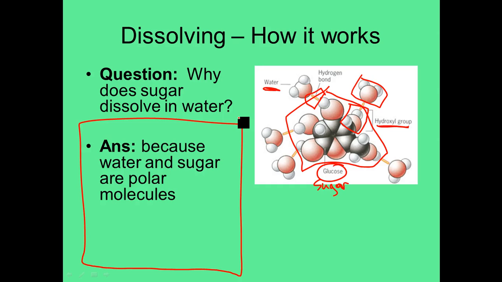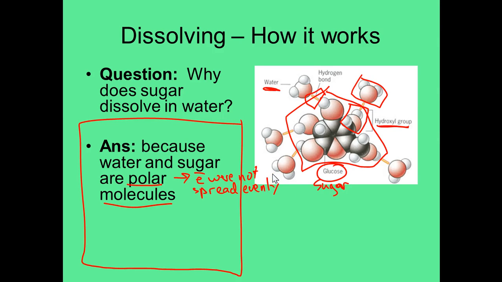All right, so the answer is because water and sugar are polar molecules. When we talked about polar versus non-polar in class, we said polar was a situation where the electrons were not spread evenly.